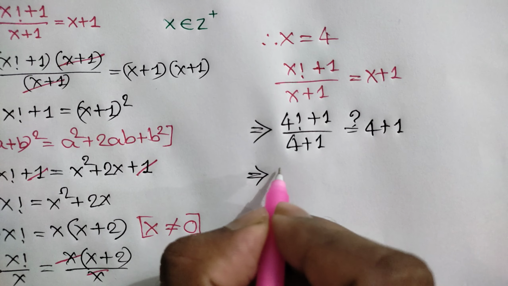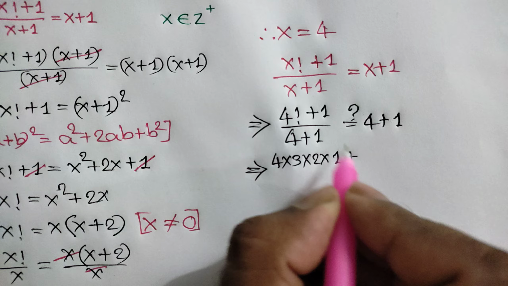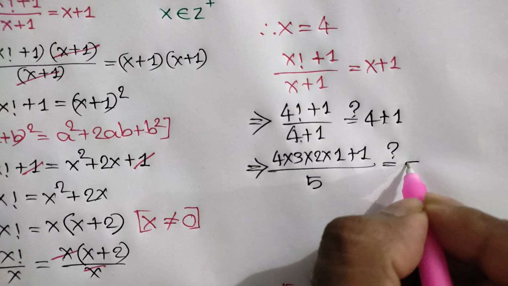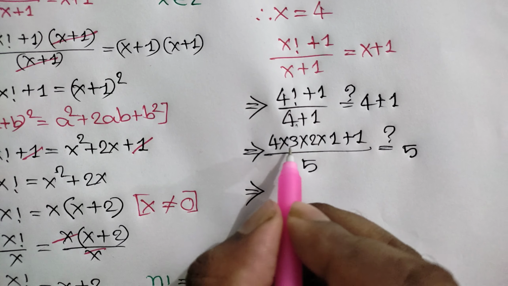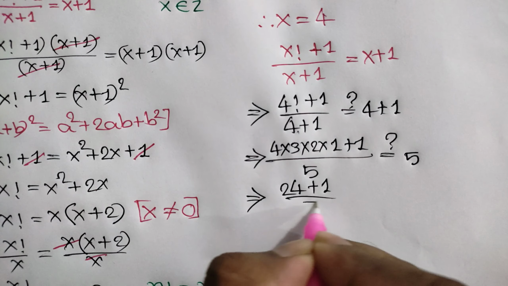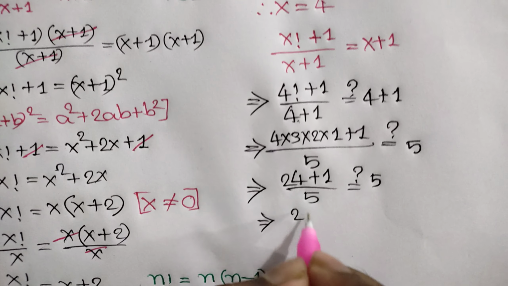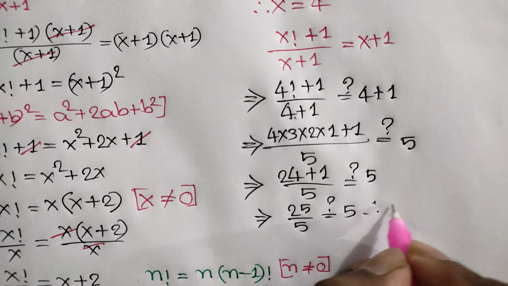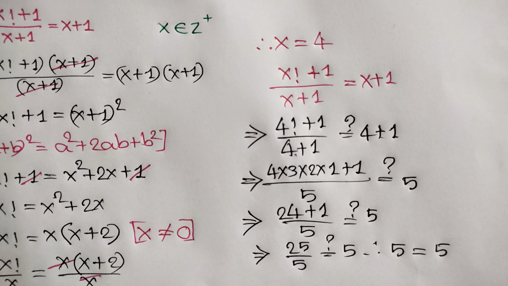Or 4 factorial can be written as 4 times 3 times 2 times 1 plus 1 over 4 plus 1 is 5, is it equal to 5? Or 4 times 3 is 12, 12 times 2 is 24, so we can write 24 plus 1 over 5, is it equal to 5? Or 24 plus 1 is 25 over 5, is it equal to 5? So 25 divided by 5 is 5, so 5 is equal to 5. So x is equal to 4 is correct.